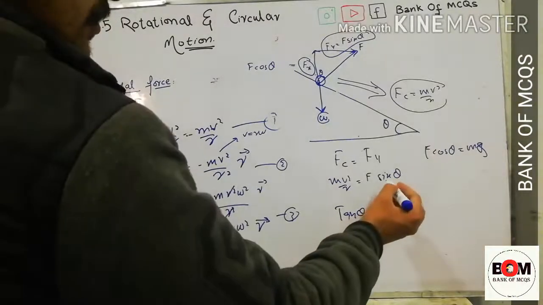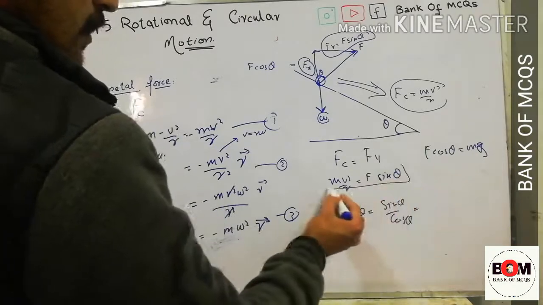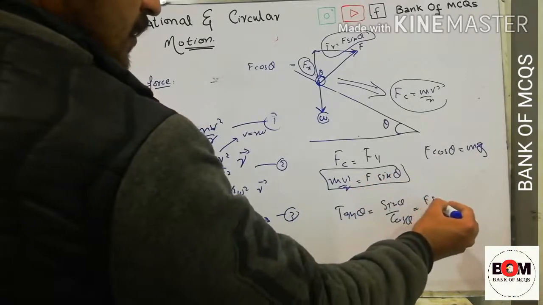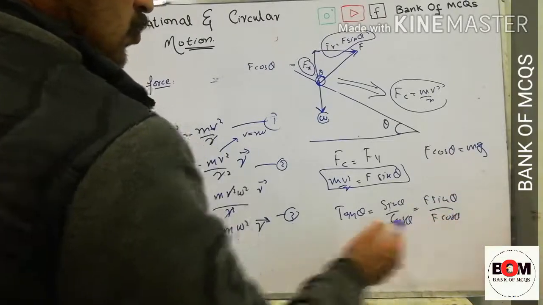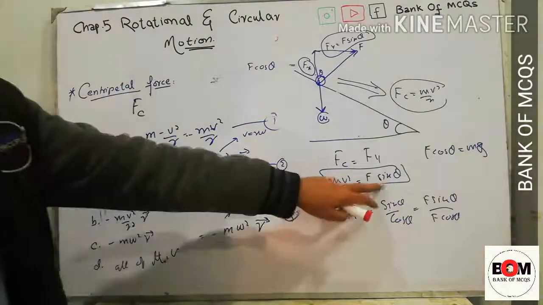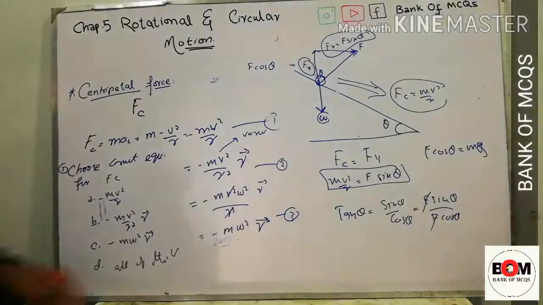So we put F sin theta and F cos theta, because F cancels with F and we get sin theta divided by cos theta, that is tangent theta.